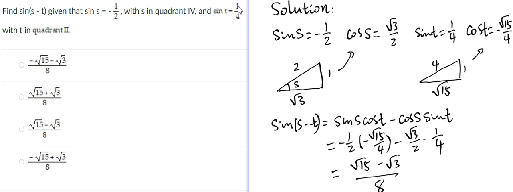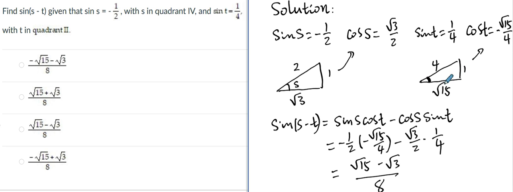Sine t is 1/4. In this picture, we have an opposite side over hypotenuse. That's sine. Here you will mark the angle, which is actually t. Okay, sine t is 1/4.